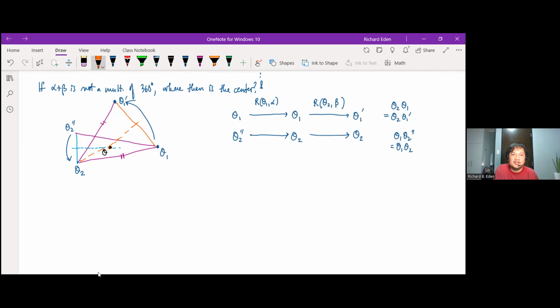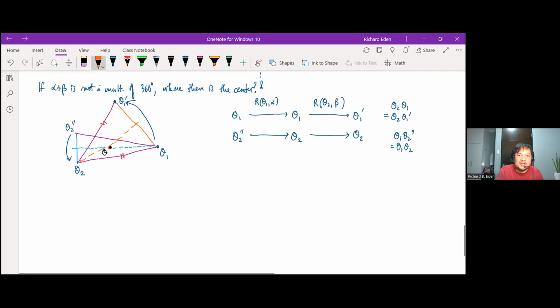Okay, kasi you have this isosceles triangle. And likewise, the perpendicular bisector of O2, O2 prime, it should pass through O, it should pass through O1 prime. Okay, malapit na tayong matapos.